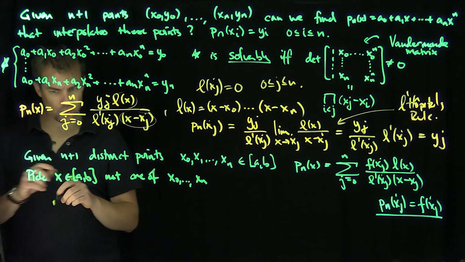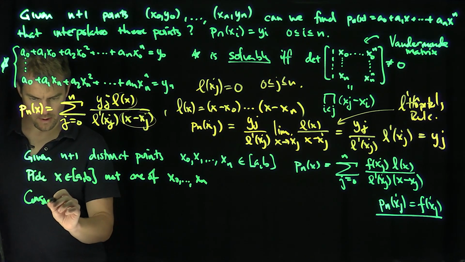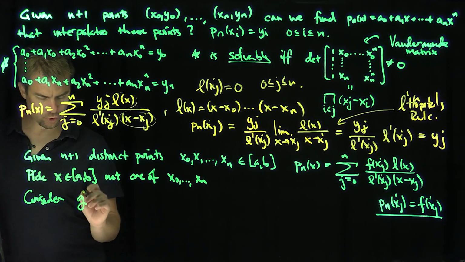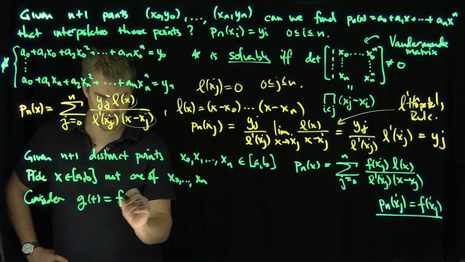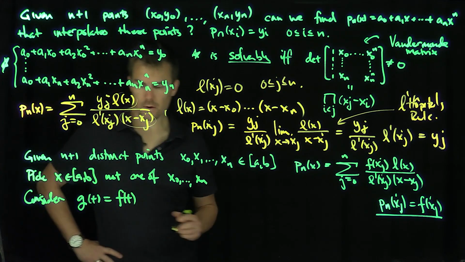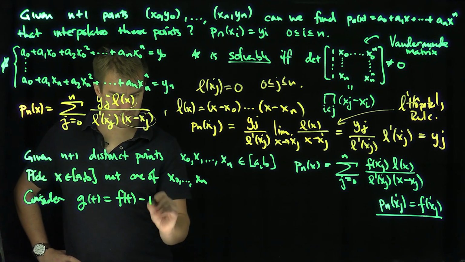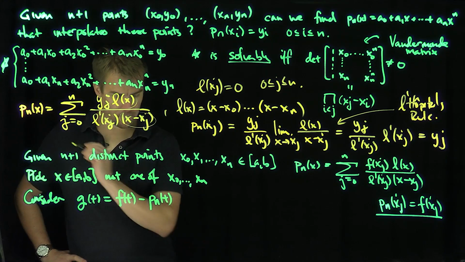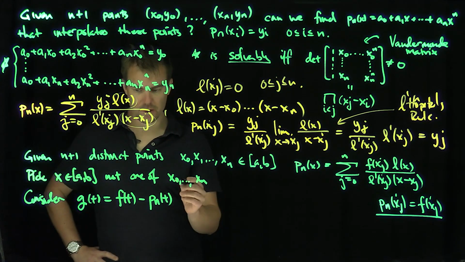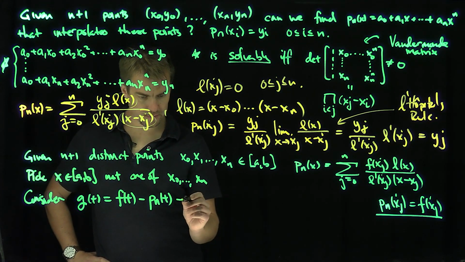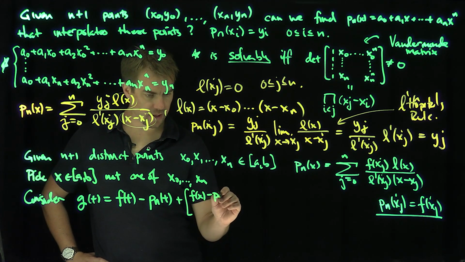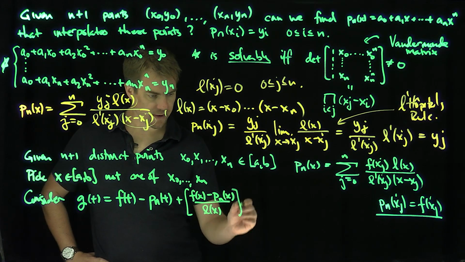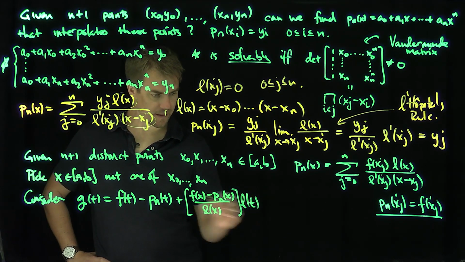Then consider an auxiliary function g(t), which is going to be f(t) minus Pn(t), and then I'm going to put a plus, (f(x) minus Pn(x)) over L(x), times L(t), like that, okay?